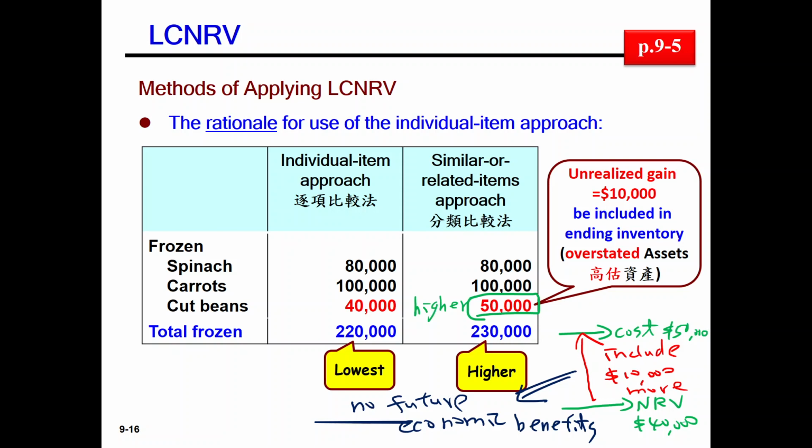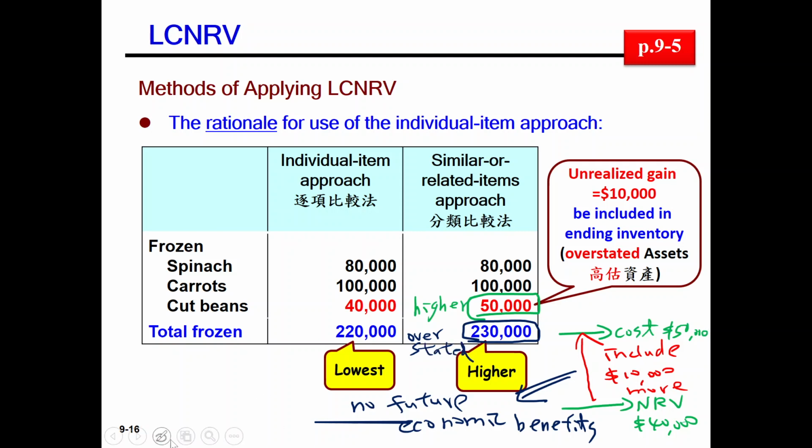Okay, so what's the problem? You include the $10,000 without future economic benefit, which made you overstate your ending inventory, which made you overstate your assets. Okay, so that's why this number is overstated.